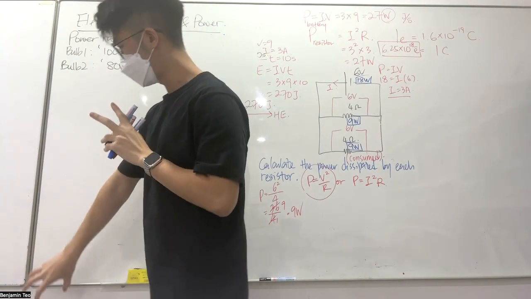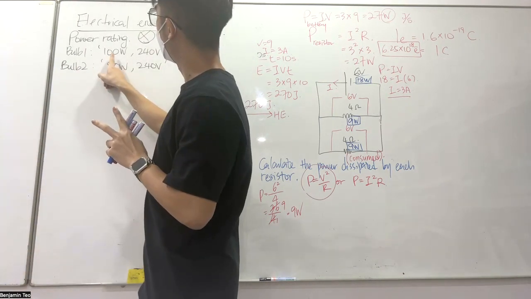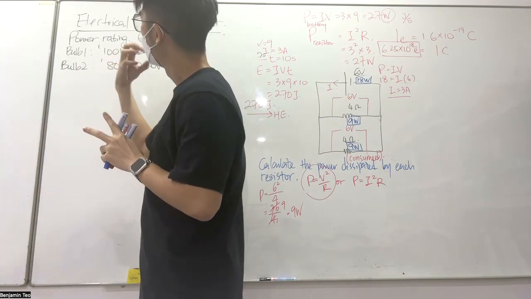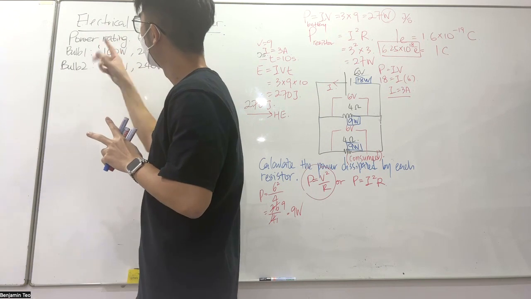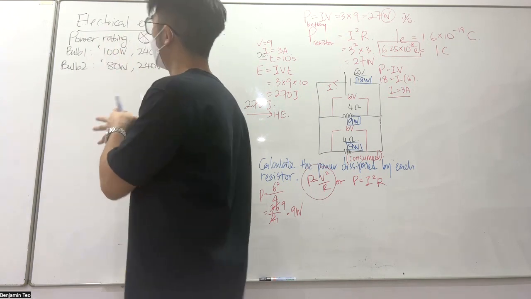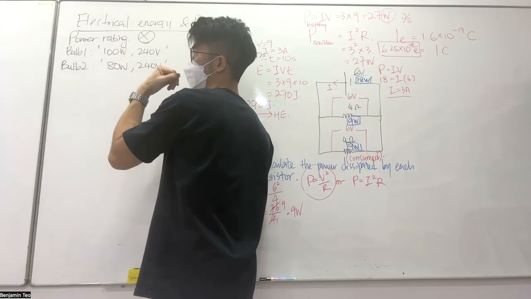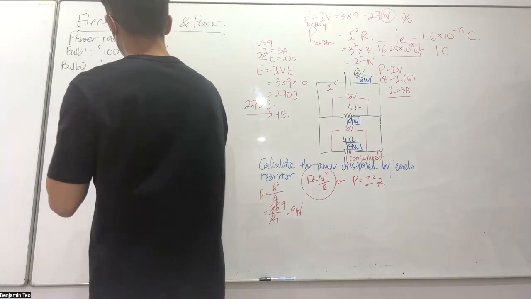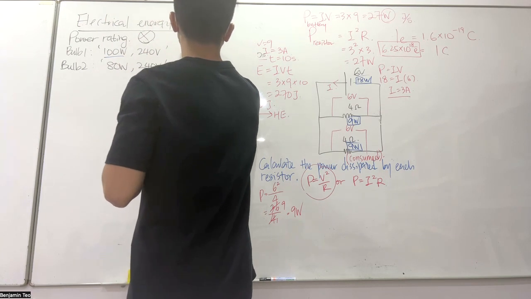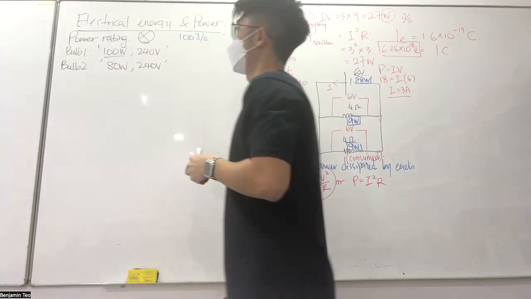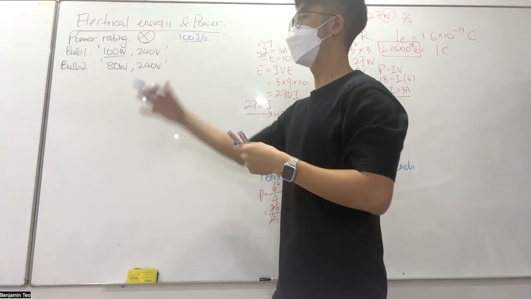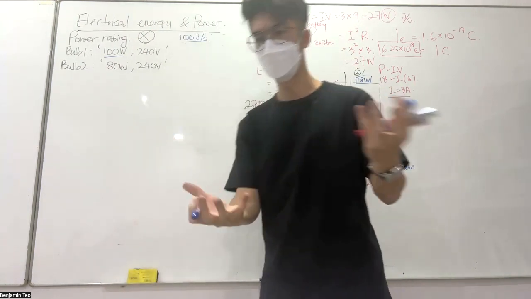When you connect to the main socket, every second it will convert 100 joules of electricity to light. So 100 watts is joule per second.